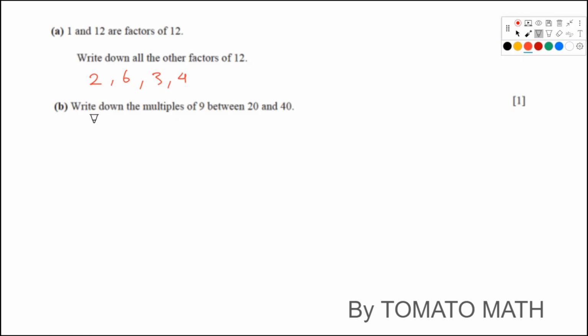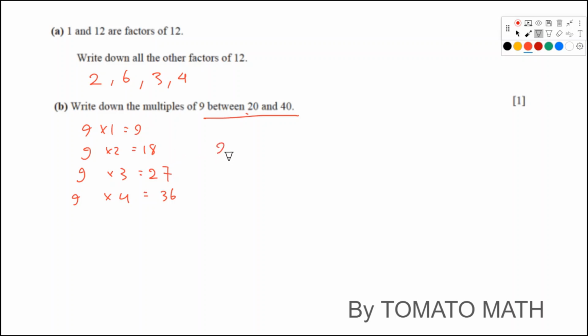B, write down the multiples of 9 between 20 and 40. Okay, between 20 and 40. So let's just write the multiples of 9. So 9 times 1 is equal to 9. 9 times 2 equals 18. 9 times 3 will be 27. And 9 times 4 will be 36.